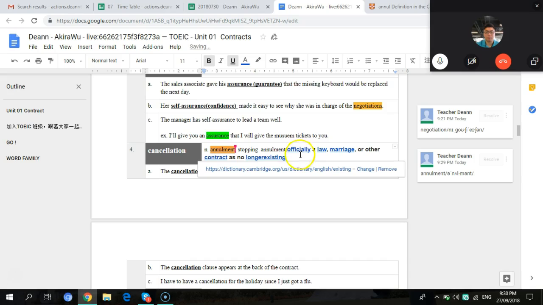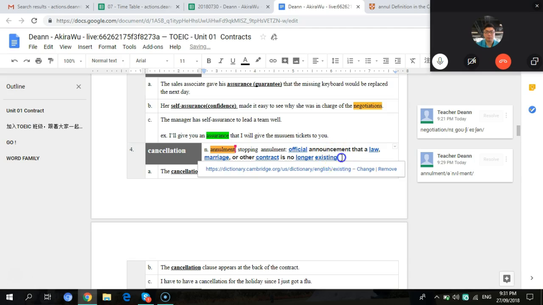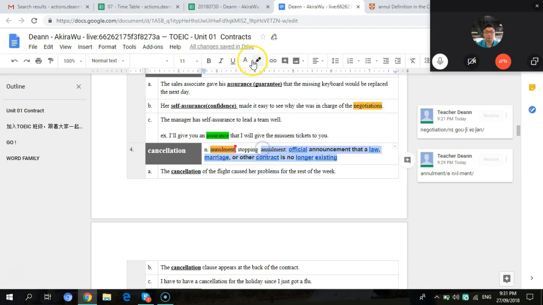Annulment means official announcement that a law, marriage, or contract is no longer existing. Okay, so that is the meaning of the word annulment.